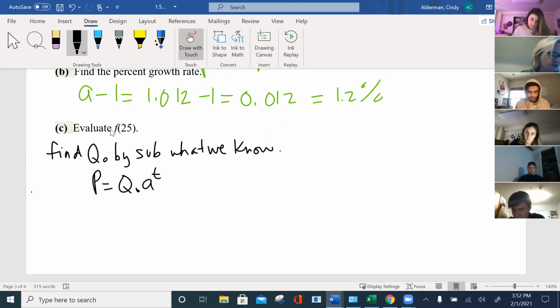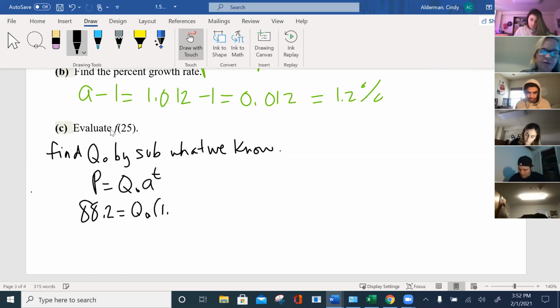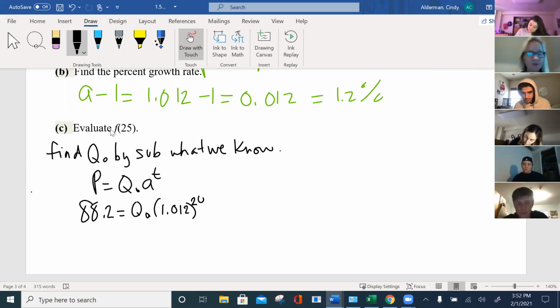We can just use one point for this part. We've got 88.2 is equal to Q sub 0. I'm just using one of those points above. But now we know what the growth factor is, 1.012. And the number of years that goes with that 88.2 number is 20 years. And I could have used the other point too, it doesn't matter.